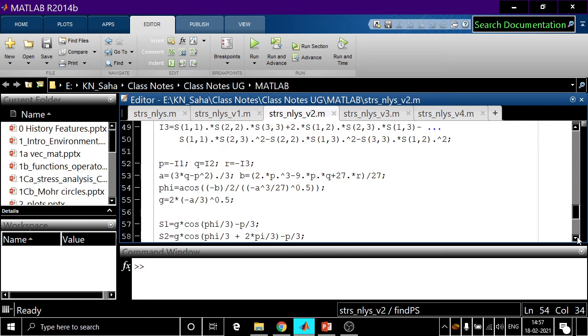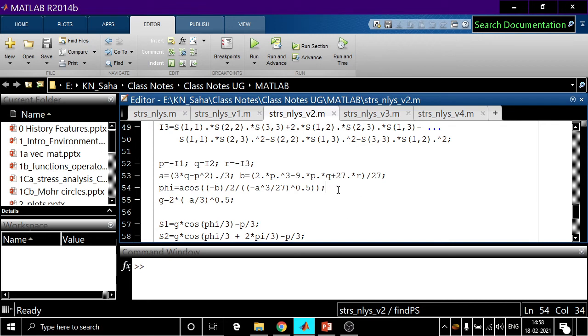Actually, I think this particular MATLAB editor takes care of this, because I didn't make those dots. After running the program, I noticed these dots had come.